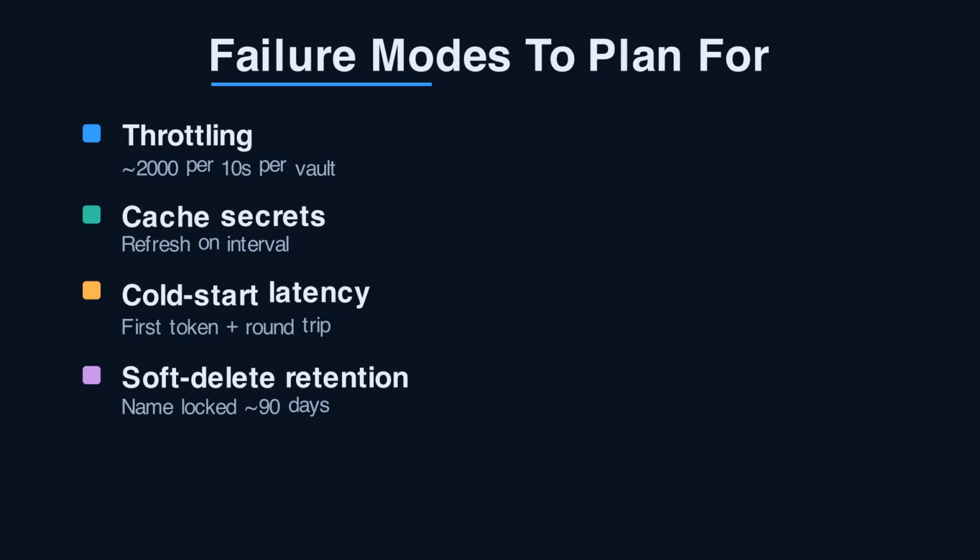A second failure mode is the cold start latency of the first token plus vault round trip, usually a couple hundred milliseconds. Third, a regional vault outage takes your app down unless you replicate. And if you delete a vault, soft delete and purge protection retention can block you from reusing the name for 90 days. Design for these, don't discover them in production.